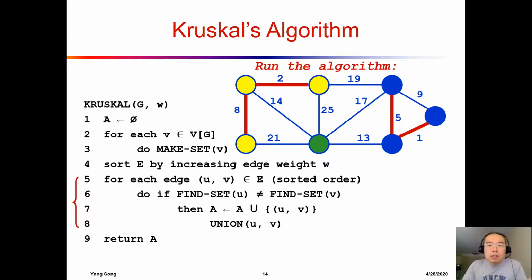And guess what? We just keep on taking all the local best choices and combine them together. And eventually we have a minimum spanning tree. A minimum spanning tree is a global best solution, right?